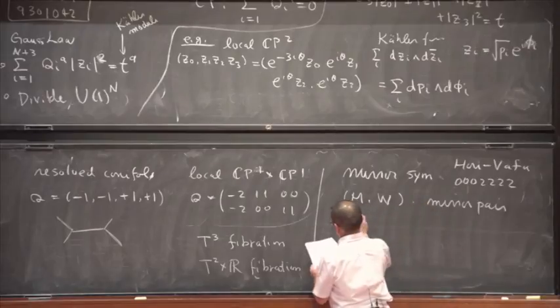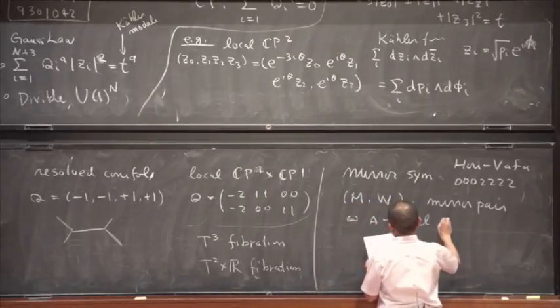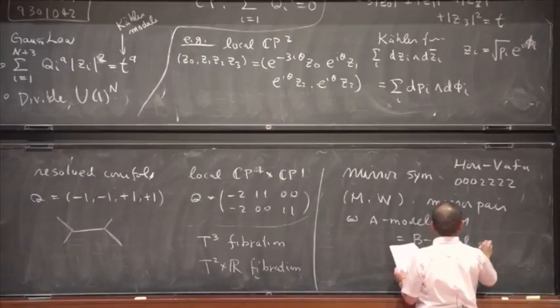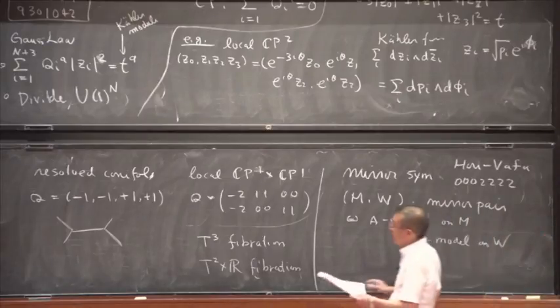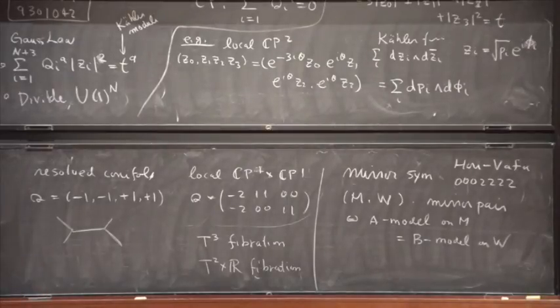If the A model on M is equivalent to the B model on W. So suppose you have the A model on a toric Calabi-Yau, then you can ask what is the mirror Calabi-Yau manifold, and this construction gives you an answer to it.